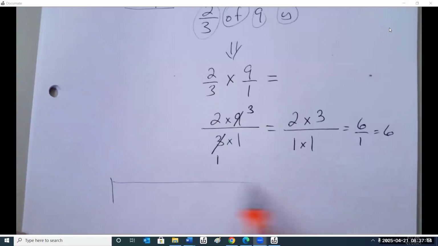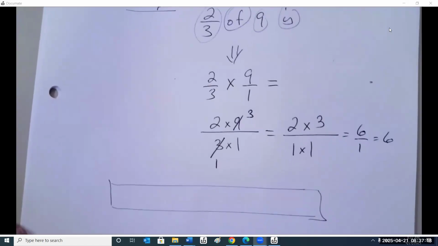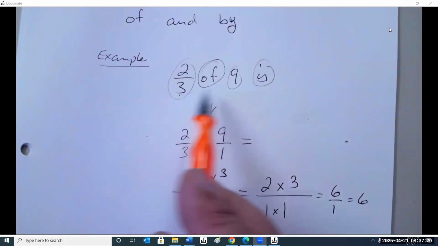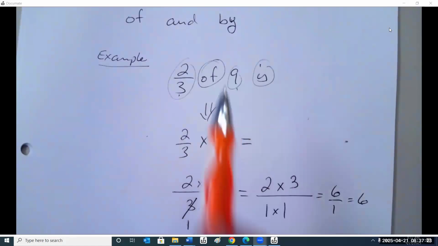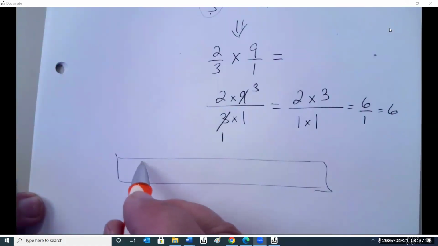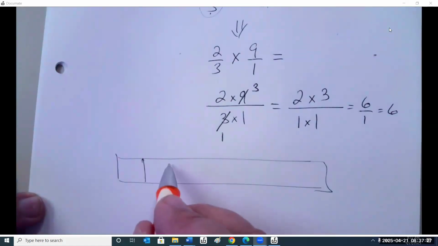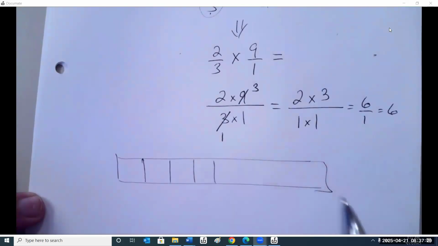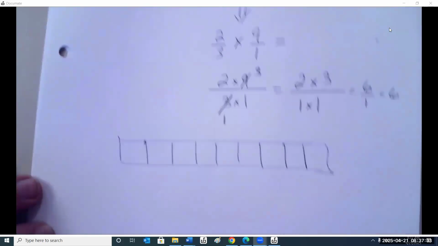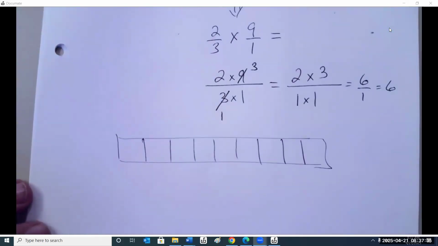You could prove it to them. So 2/3 of 9. I have 9 boxes. There's 9 boxes.